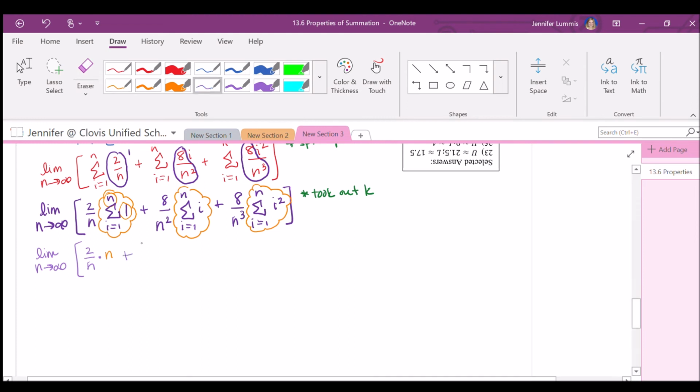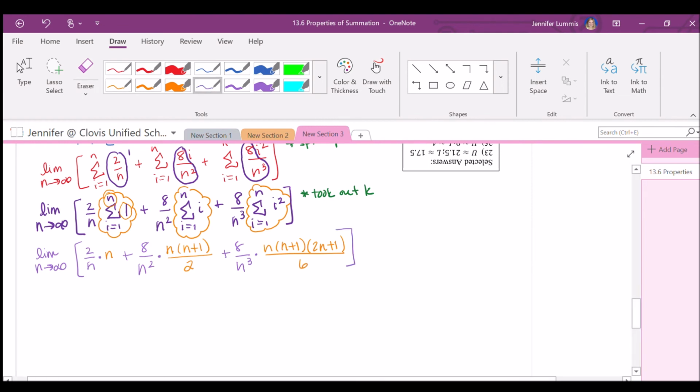Next, we have 8 over n squared times the sum from 1 to n of I. That formula is n times n plus 1 divided by 2. Then we have 8 over n cubed times the sum from 1 to n of I squared. That formula is n times n plus 1 times 2n plus 1 divided by 6.